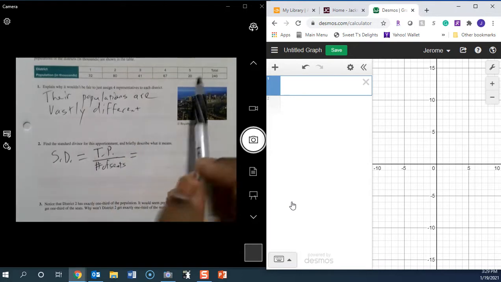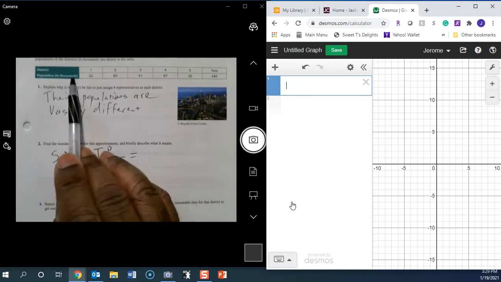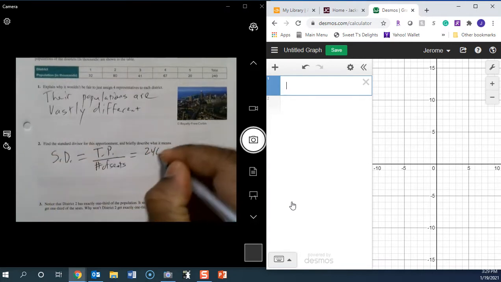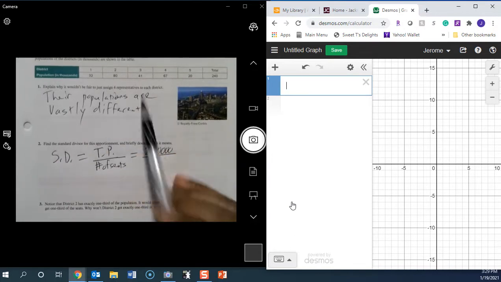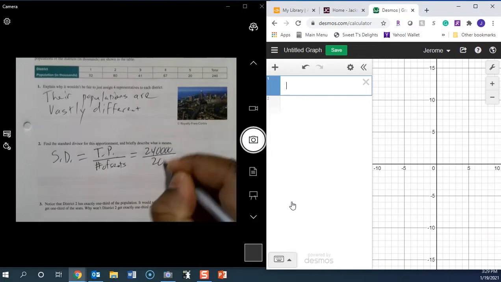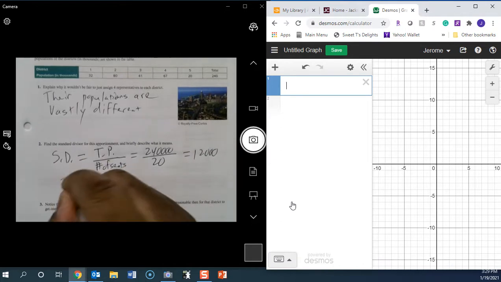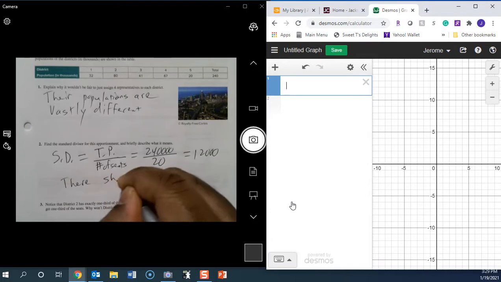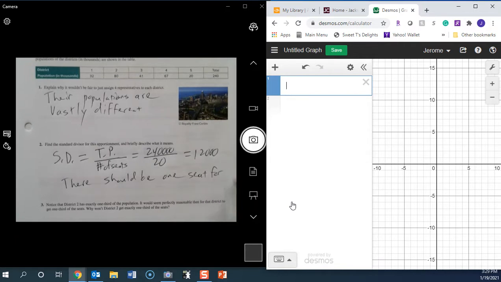So the standard divisor, total population, now remember this is in thousands. It tells you here this is in thousands. So this is actually 240,000 divided by the number of seats. There are 20 seats. So that means that 12,000 is your standard divisor. So that means there should be 1 seat for every 12,000 people.